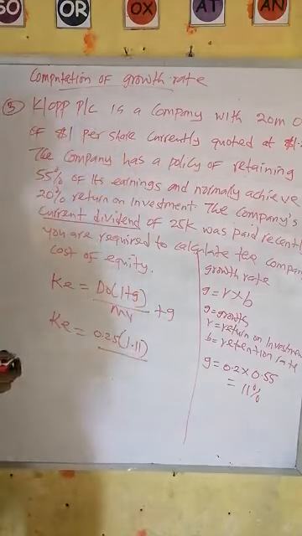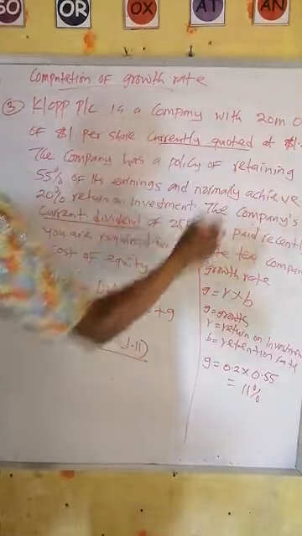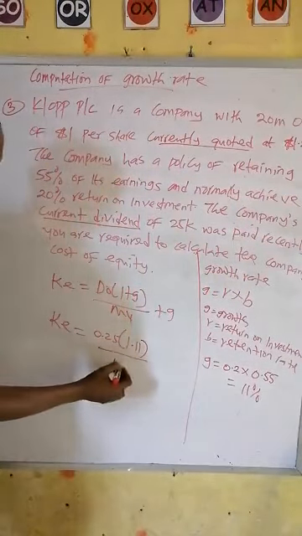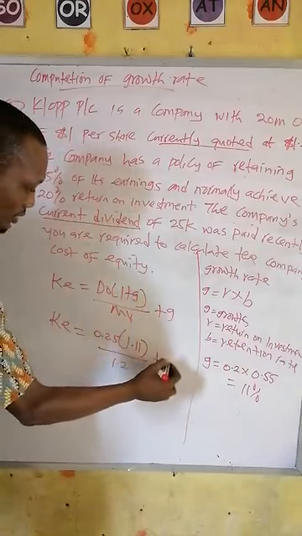What's the market value in the question? Market value is currently quoted at 1.2, plus G.